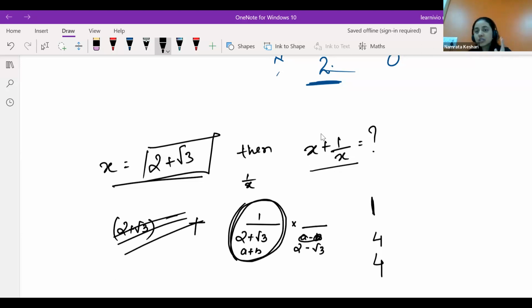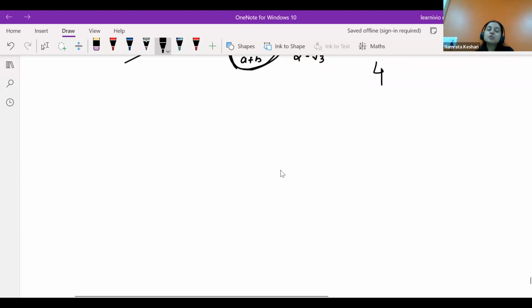While doing the rationalization, we are not doing any drastic change. We are just changing the representation. If the question says do the rationalization of 1 by 2 plus root 3, you will multiply 2 minus root 3 in the numerator and in the denominator. If a plus b structure is there, the only way to remove the square root from the denominator is by multiplying a minus b.